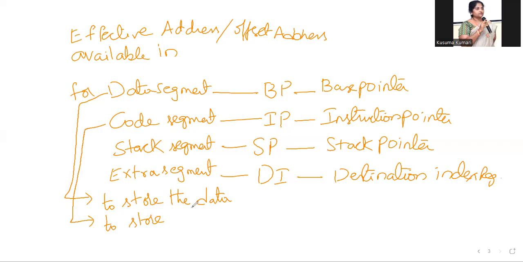We give the microprocessor instructions in assembly language, which is user-understandable, but the machine-understandable language is the op codes, the operational codes. Those codes are stored in the code segment, that is, instructions in the form of codes.